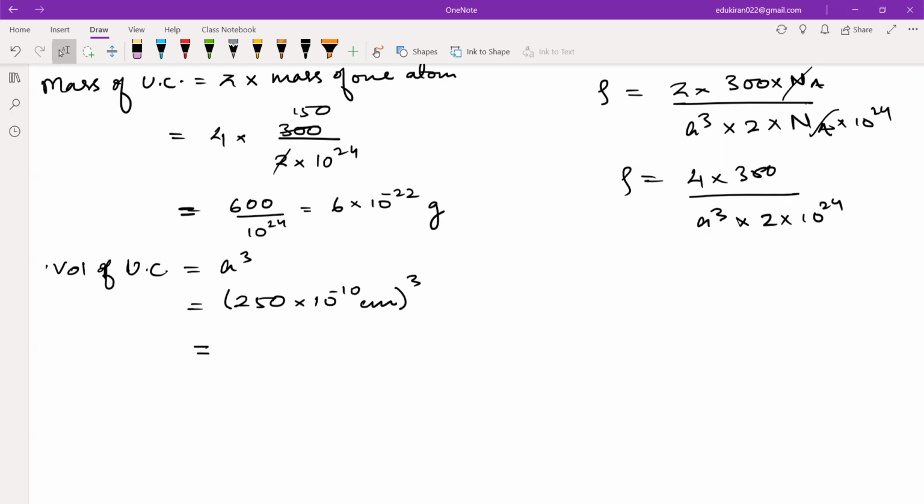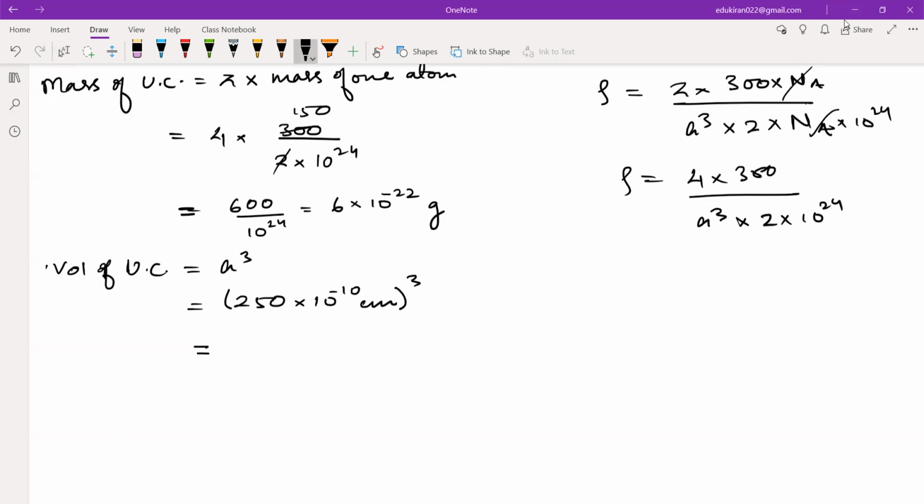Now tell me further. You must have multiplied. You got 250 cube will be like a long number. So what happened? I got confused in that.